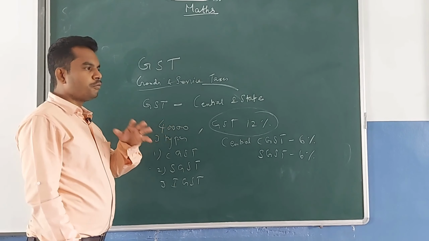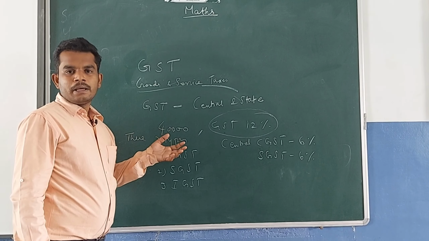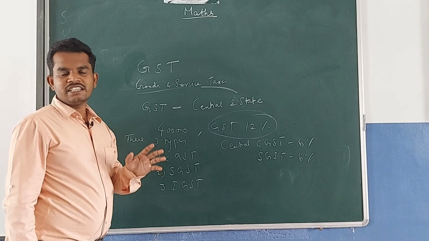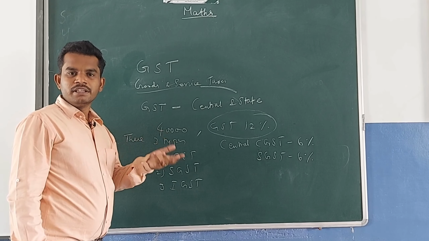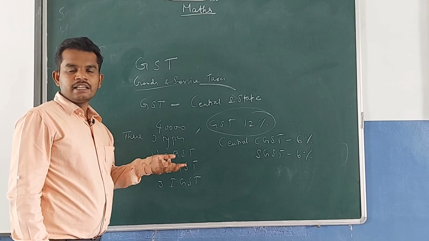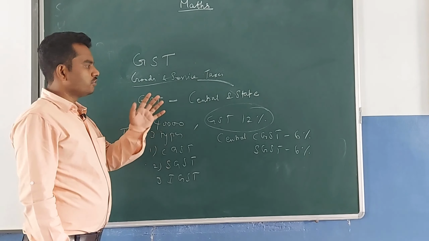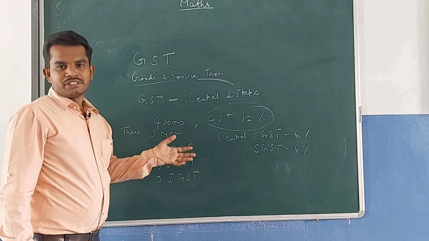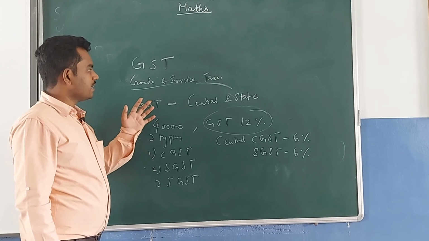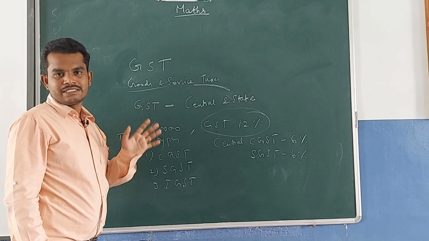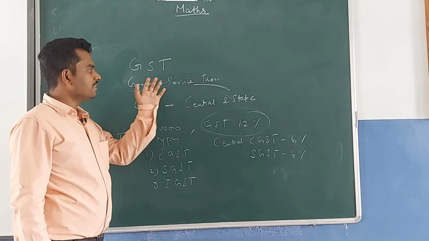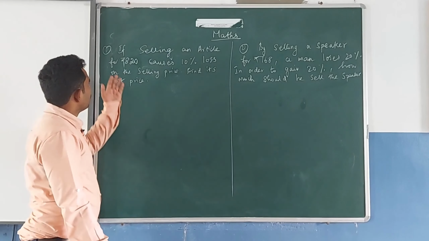A few products are exempted from this GST. There are egg, honey, milk, petrol, diesel, liquor, etcetera. So few products are exceptions. Okay, so this is known as GST, goods and service tax.